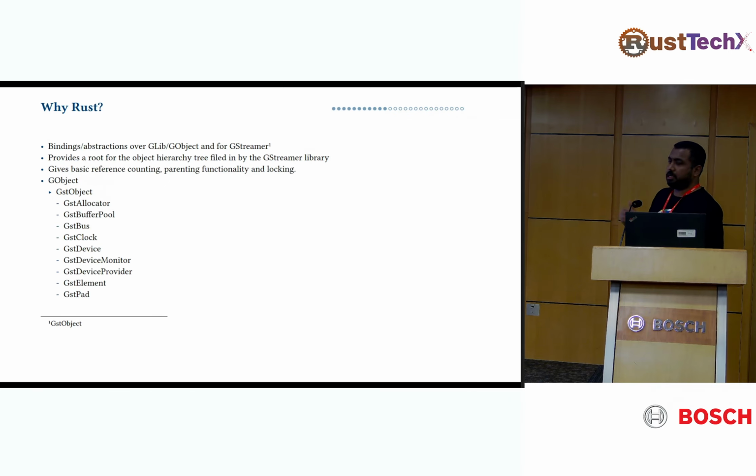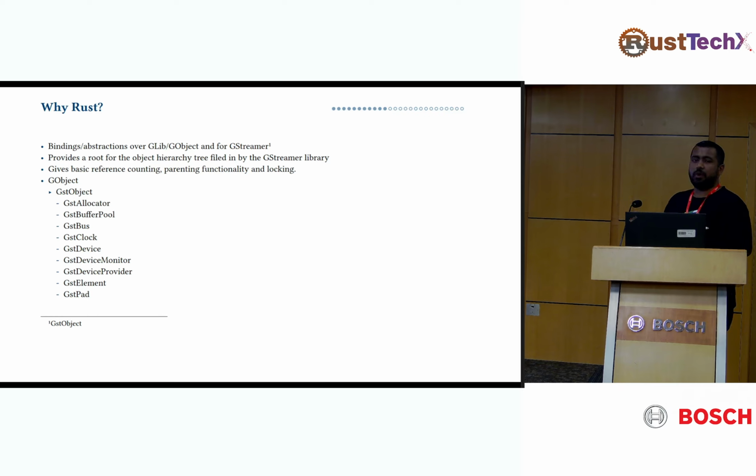The second reason is, for those of you who have worked with C, you know that C doesn't have a standard library. But in the GNOME world, if you are using the GNOME desktop, or if you are somehow interacting with that ecosystem, the primary standard library is glib, and glib provides something called GObject.